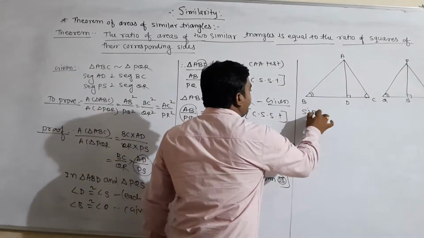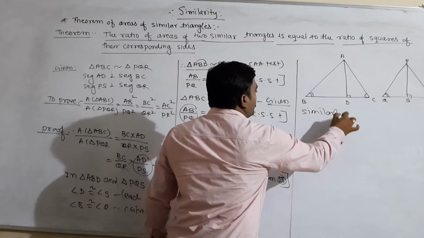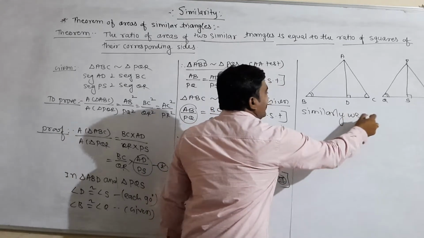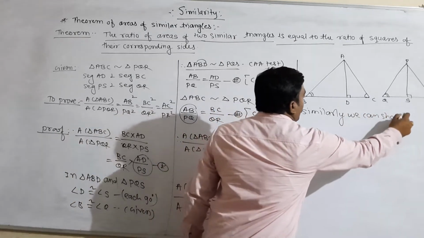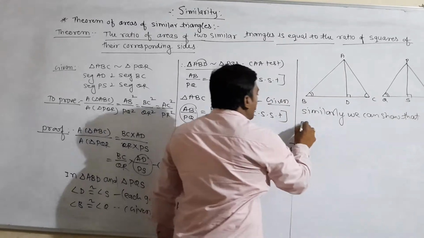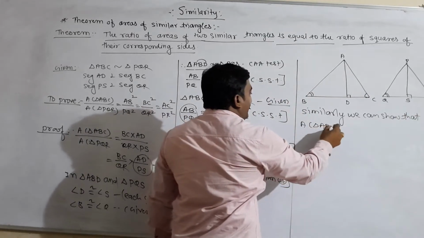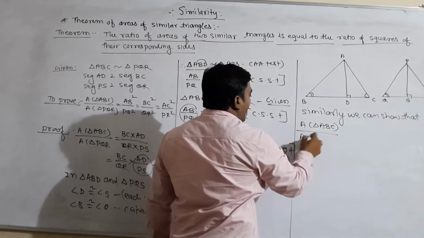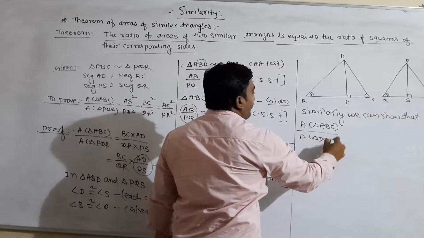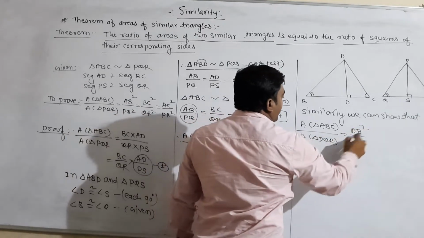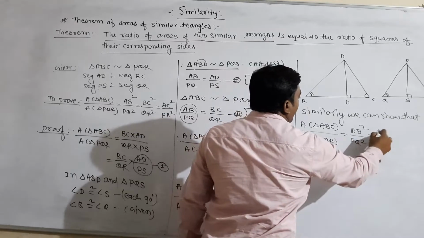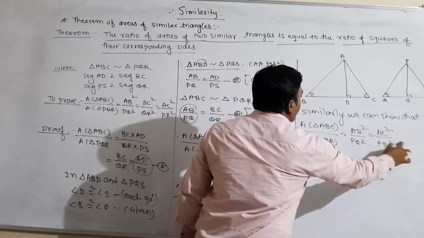Similarly, we can show that area of triangle ABC divided by area of triangle PQR is equal to AB square divided by PQ square or AC square divided by PR square.